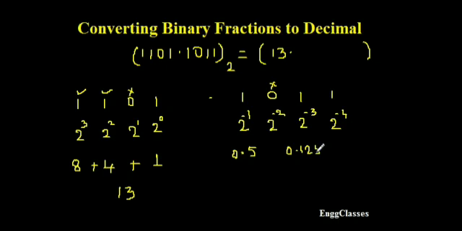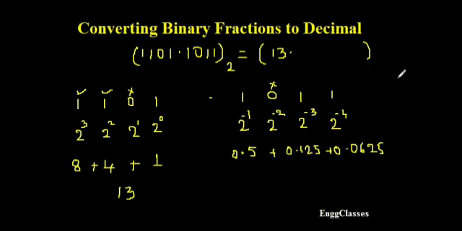I'll take out a calculator. 1 by 8 is 0.125, into 1 which is equal to 0.125 only. Next is 2 to the power minus 4. I can write this as 1 by 2 to the power 4, which turns out to be 1 by 16, and 1 by 16 is 0.0625. So finally I have to add up all these numbers to get the fractional decimal equivalent.